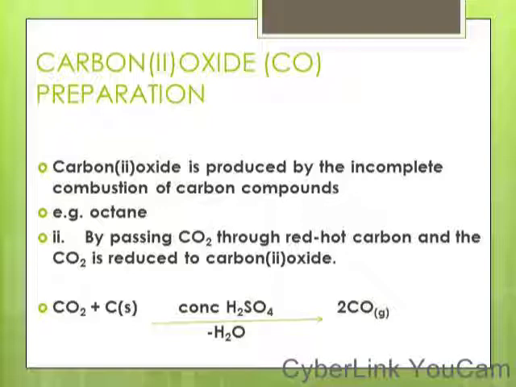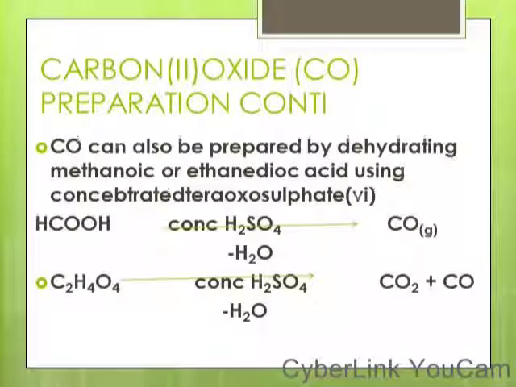It will give us carbon 2 oxide. Look at the equation. CO2 plus C goes to 2CO. H2SO4 is a dehydrating agent just to remove any water content and to give us CO.